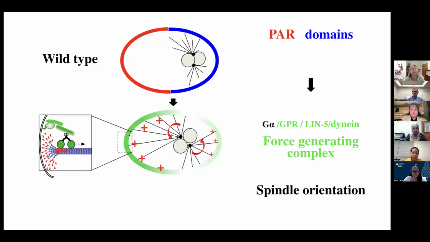It's right here. So this is the bigger picture of the force generating complex. It's the microtubule and the dynein motor pulling on one side, so one side has more force and the other side has less. So it can have the rotation move like this.